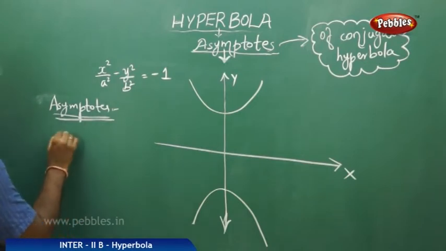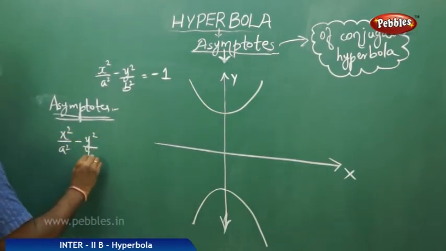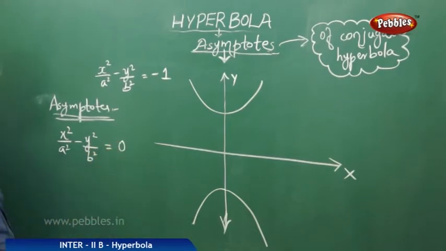That is, the asymptotes for the conjugate hyperbola are given by the equation this equal to 0.